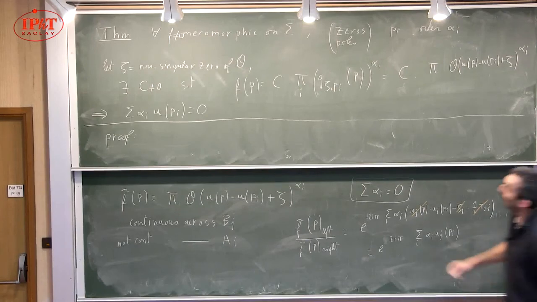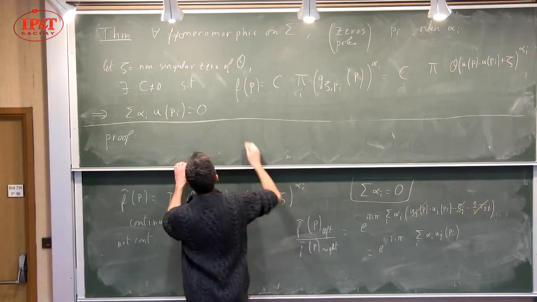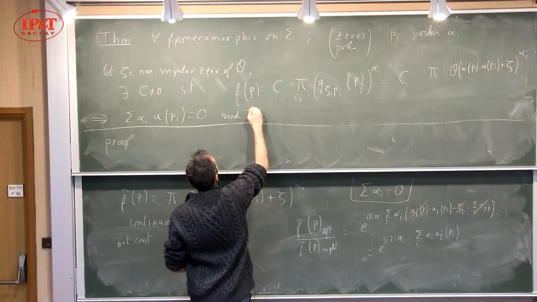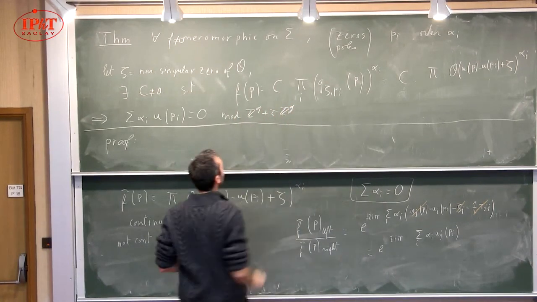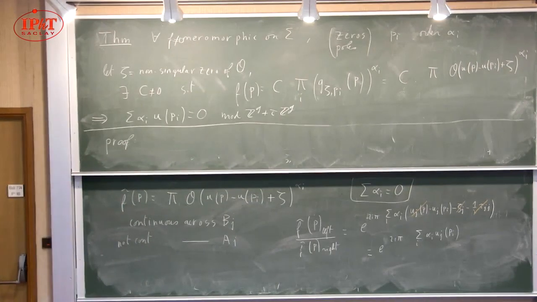Sorry, when I say equals 0, mod Z^g plus tau Z^g. So I'm in the Jacobian.